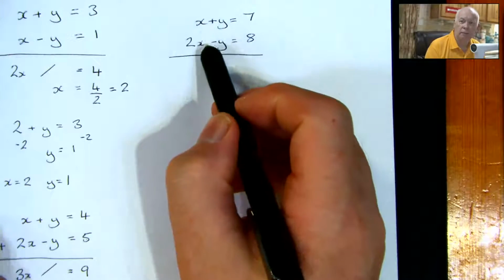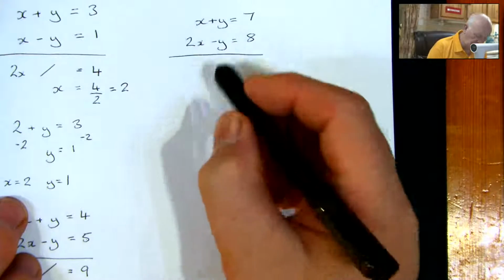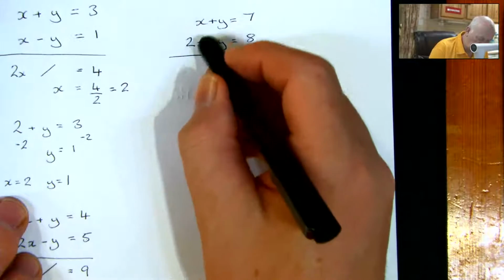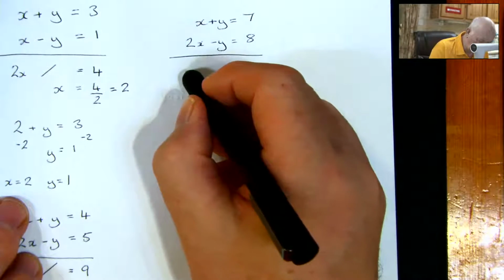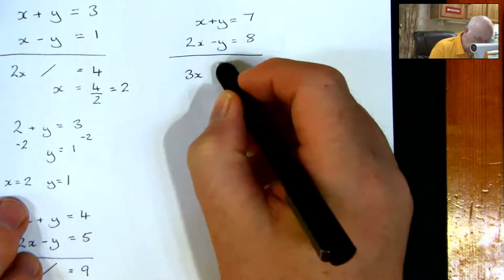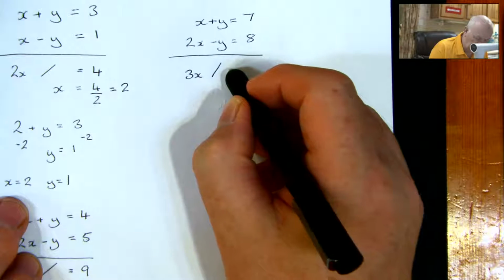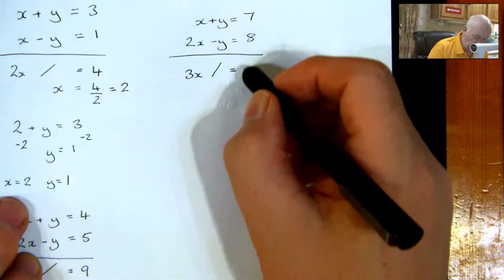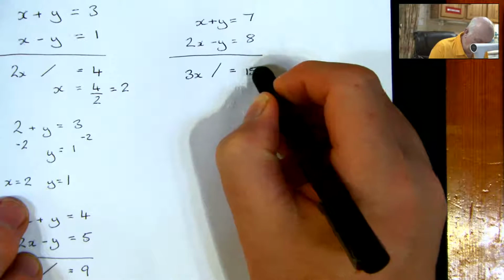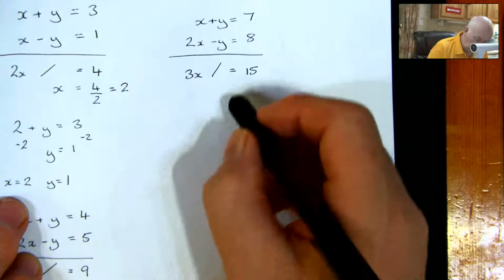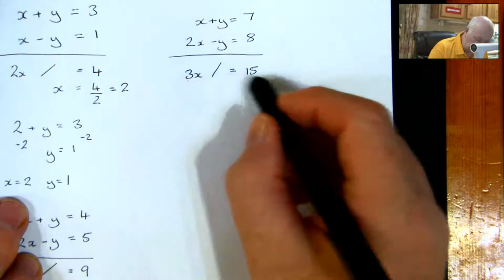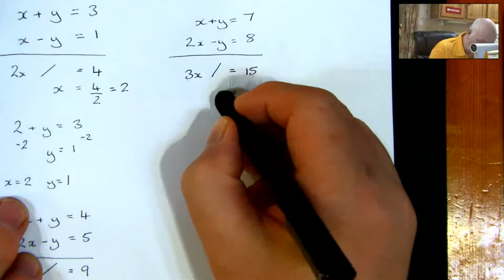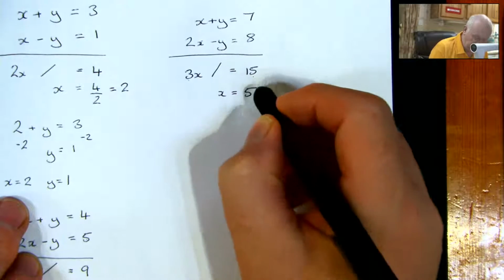We can simply take the y's away, so what we can do is add them. So 2x and x gives me 3x. This disappears, and 8 and 7 are going to make 15. So I can easily see that if we divide both sides by 3, then x equals 5. There, I gave you the solution.